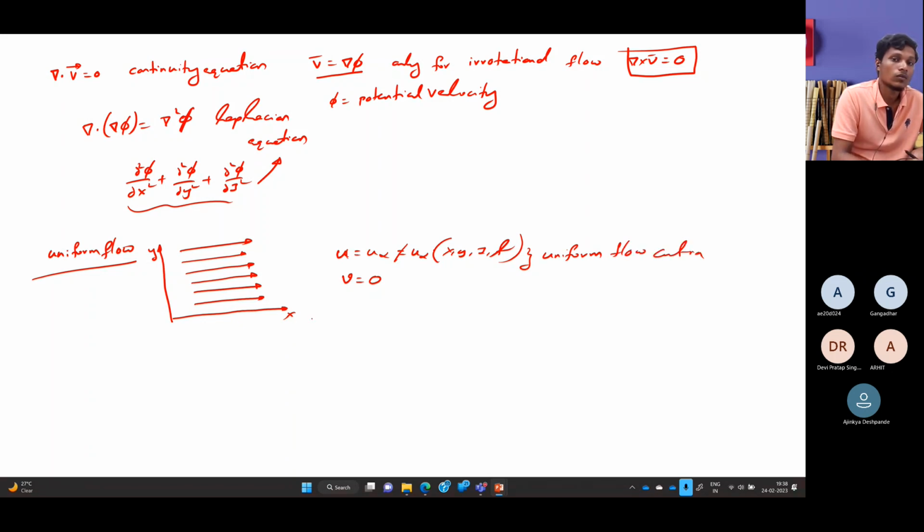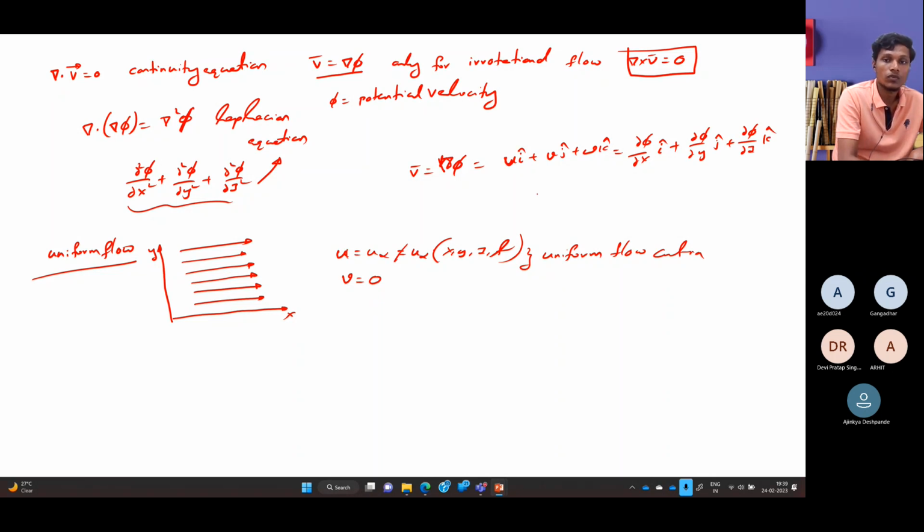Okay, now with these conditions I want to write the potential function for this. We already know if V bar equals del phi, I can write that u i cap plus v j cap plus w k cap is equal to ∂φ/∂x i cap plus ∂φ/∂y j cap plus ∂φ/∂z k cap.